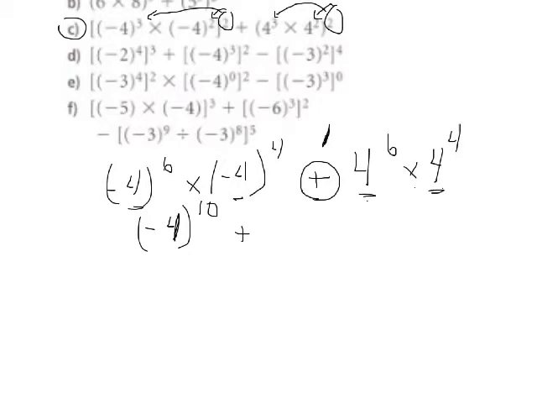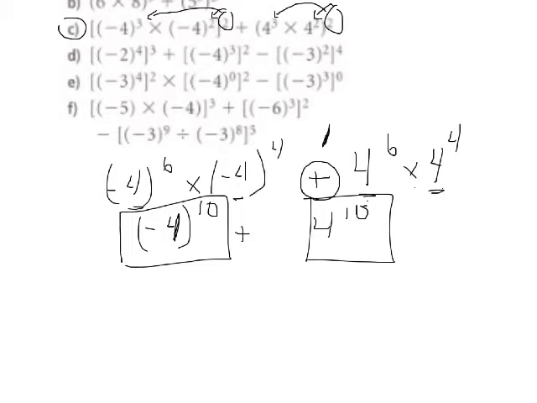Bases are the same. I'm going to add those together. Then I'm going to figure out what this is and what that is. That's why we have calculators. And then I'm going to add them together. So you're going to go negative 4 times negative 4, 10 times. And then whatever that is, you'll be doing it on this side as well. Add them together, and there's your answer.